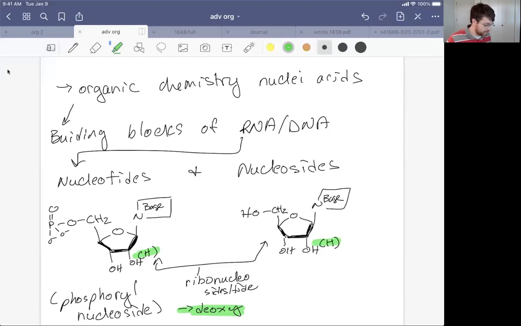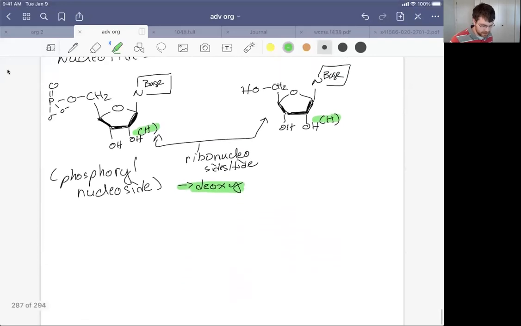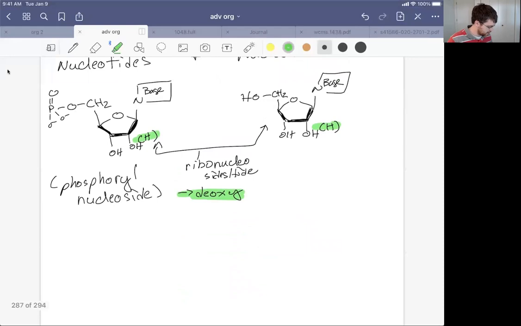Okay, so that's the basic breakdown of a nucleoside and a nucleotide, which are the building blocks of DNA and RNA. And so the components of the nucleosides and nucleotides are the sugar unit. So we could say it this way: each has a sugar unit.